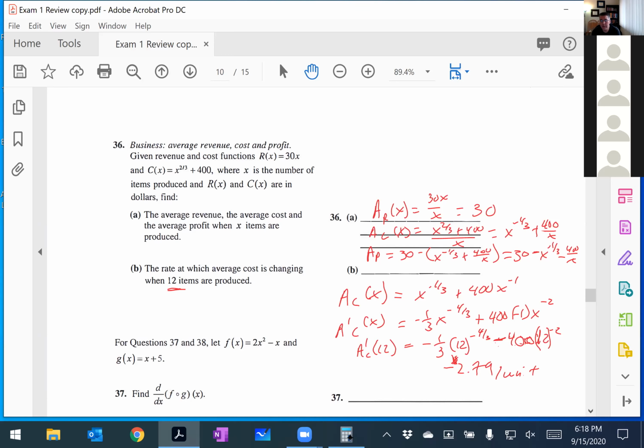Okay, it's saying that at (0, 0) it has a horizontal tangent. That makes sense. At (0, 0) it would be a horizontal tangent, right there. And then at 4/3, it also has a horizontal tangent.